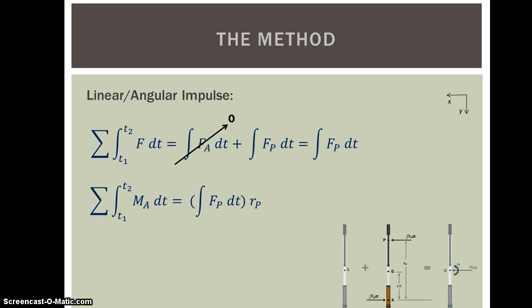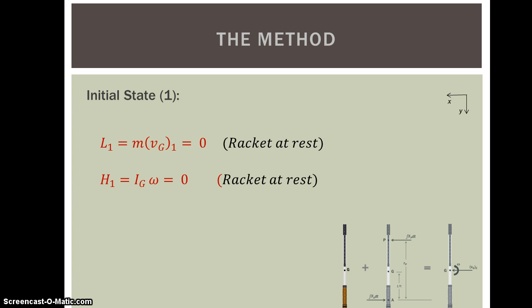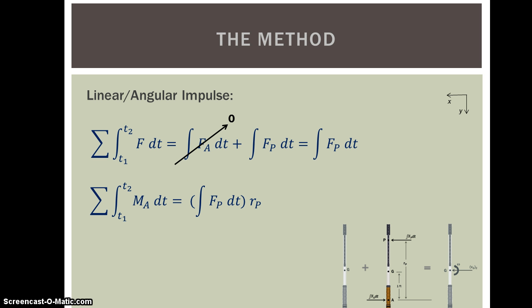So then we went through the method, going through the initial state with the racket at rest. Like I said, both the linear and angular momentum ended up being 0 because the racket was not moving relative to the coordinates we're using. We have the summation of the impulsive force, and we found that the force at A ended up being 0, plus the integration of the force at P, which affected T at the time.